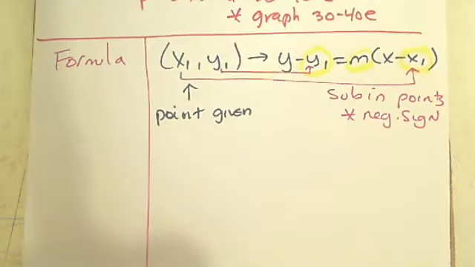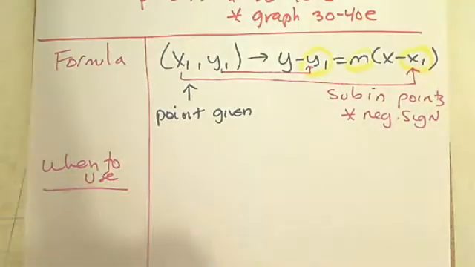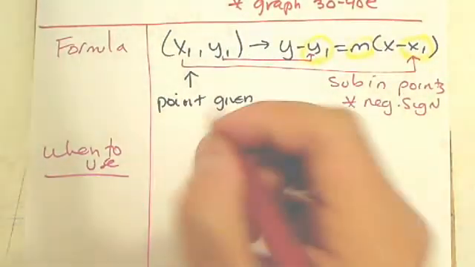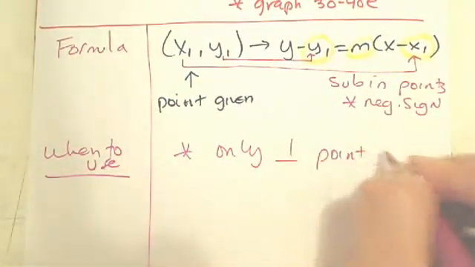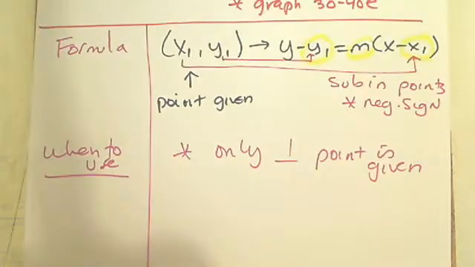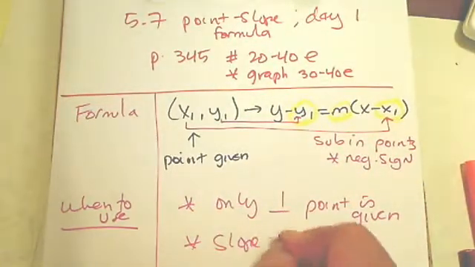Now, when do we use this? Only one point is given, and the slope is given.